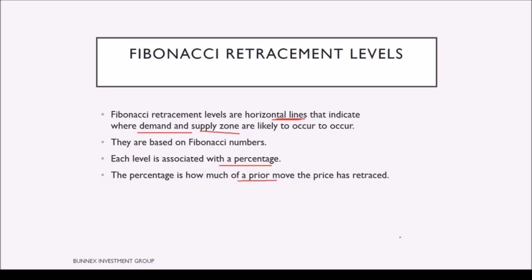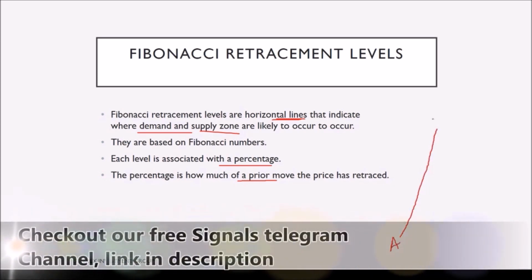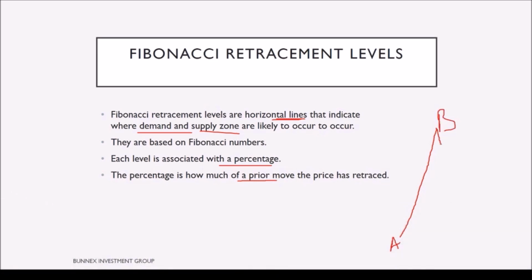So let's take, for instance, the price has gone from A to B, then the price retraces. So we are basically measuring the amount of retracement the price has given us. Let's say the price retraces to this point.